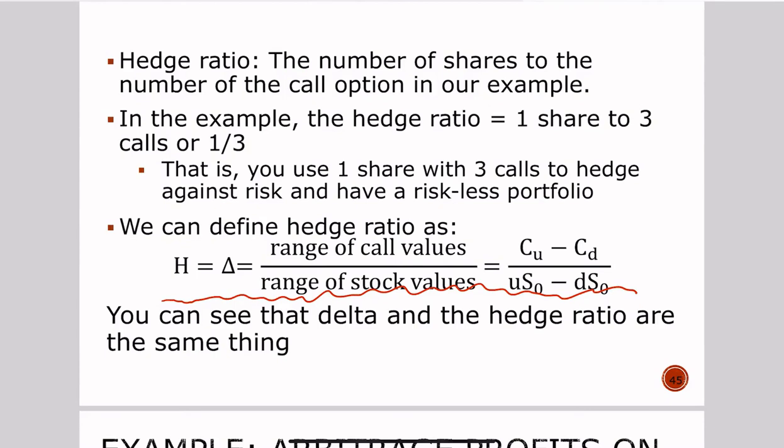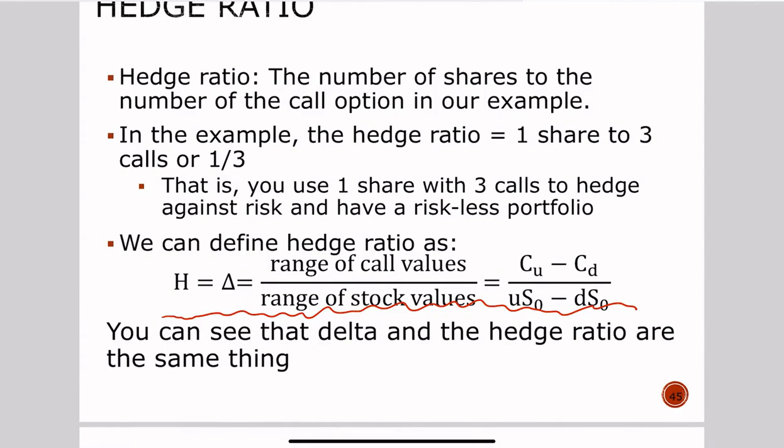Now, let's think about this. Why should you use one share of stock with 3 call options to hedge against the risk? Let's see the definition of the hedge ratio. It is the change in call value divided by the change in the stock price, where P represents the stock price and C represents the value of call options.